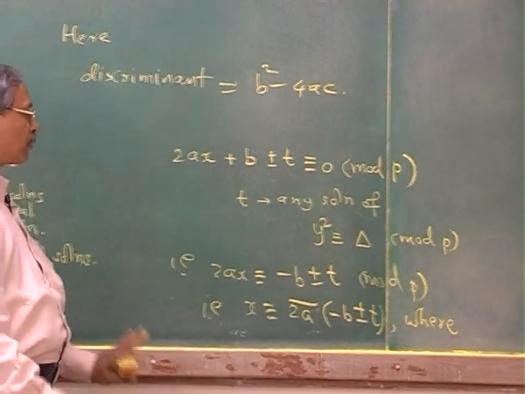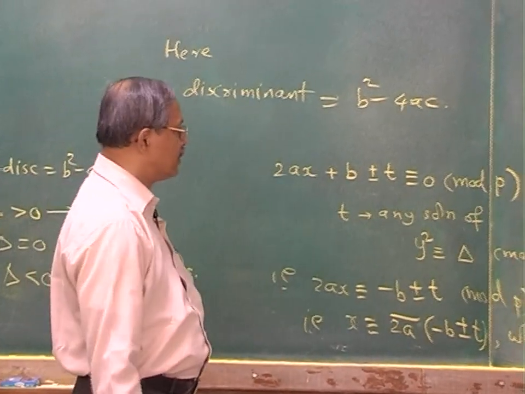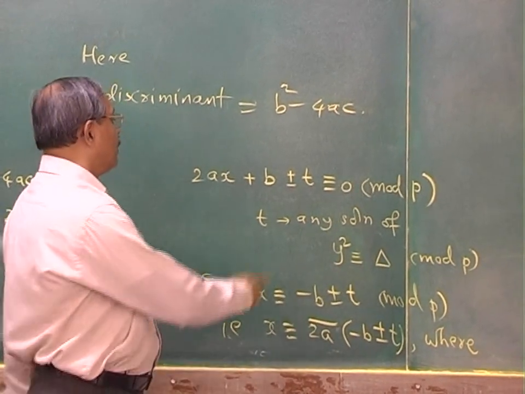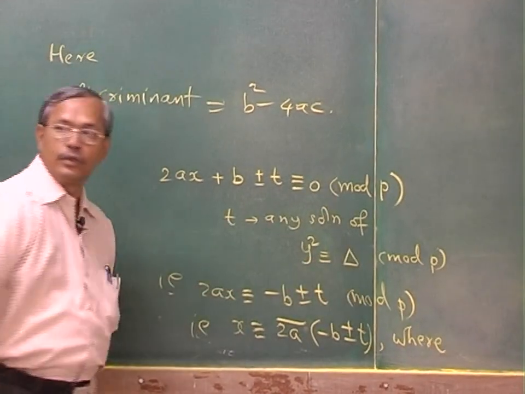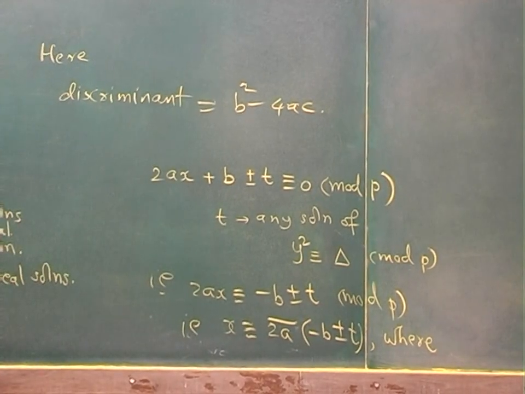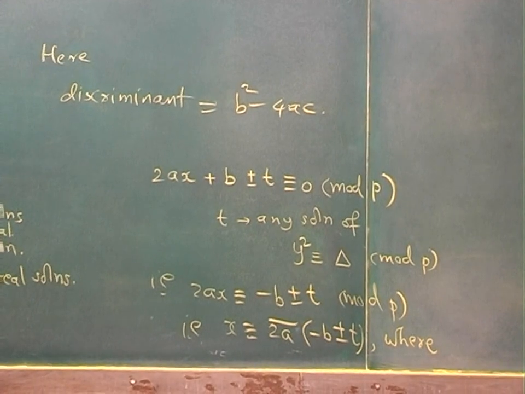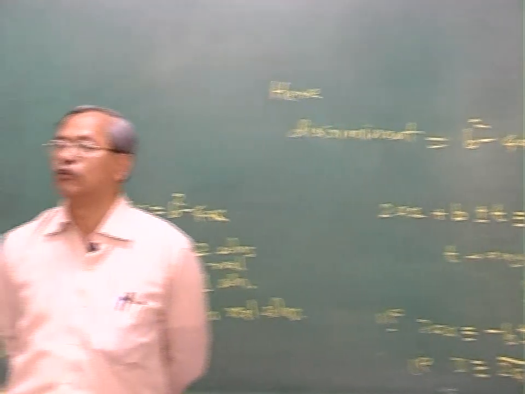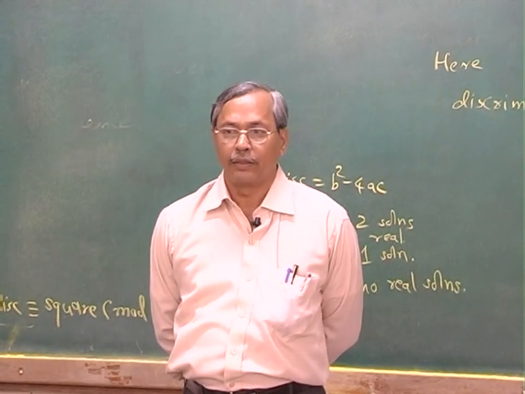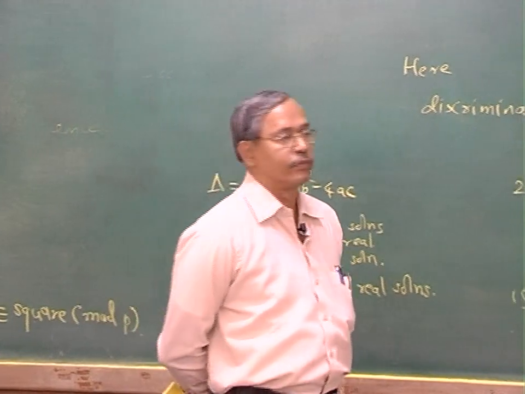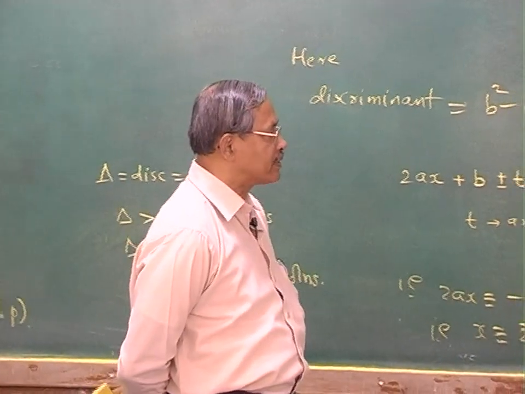So it is the same formula, minus b plus or minus root of b square minus 4ac. T is what? T is square root of b square minus 4ac. Usually for real numbers we take that square root to be the positive square root and give plus or minus sign. Here what you should do? You should take any square root, whichever you like, and give plus or minus sign. So the formula is the same. Interpretation is slightly different.